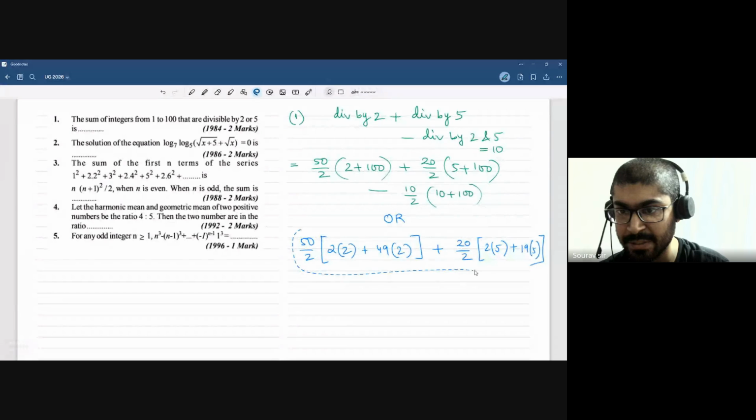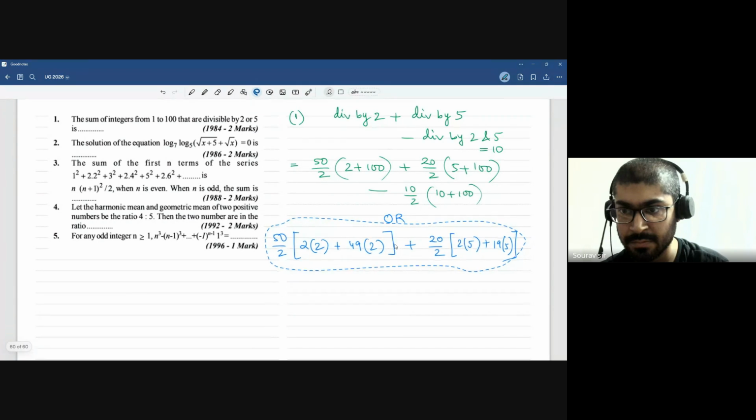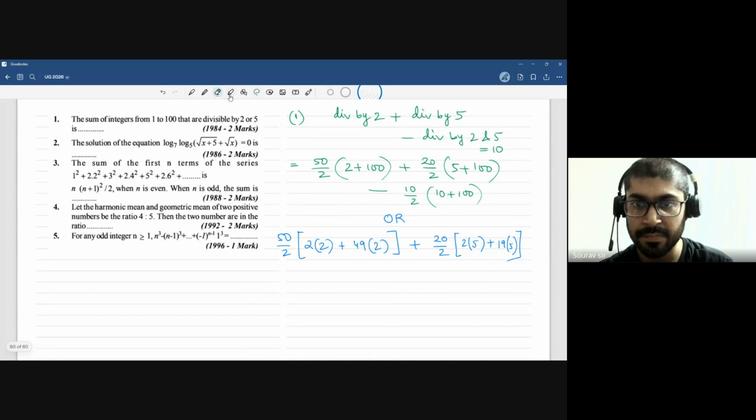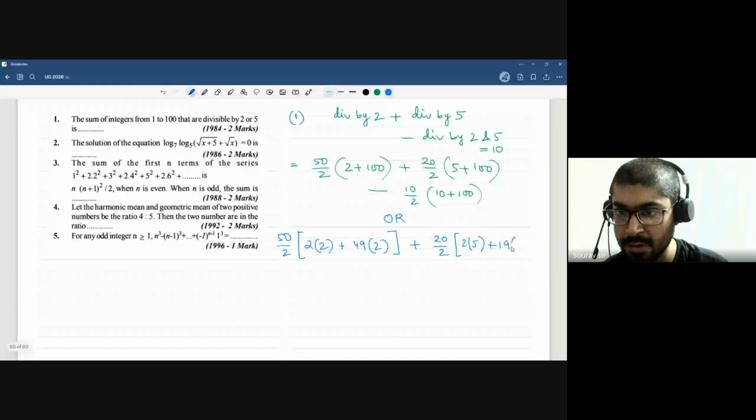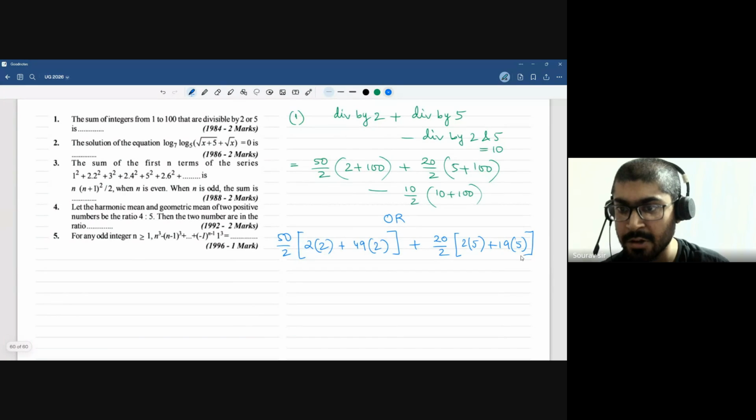Let me move this a bit. So that will become 10 plus 95, 105, which is the same here. And you can just write 10 by 2 into 2a, I mean 2 into 10 plus 9 into 10.